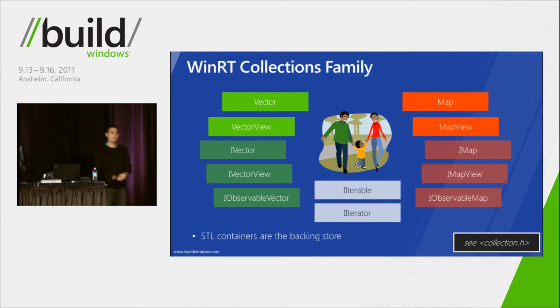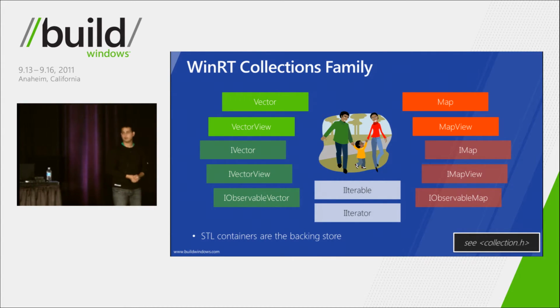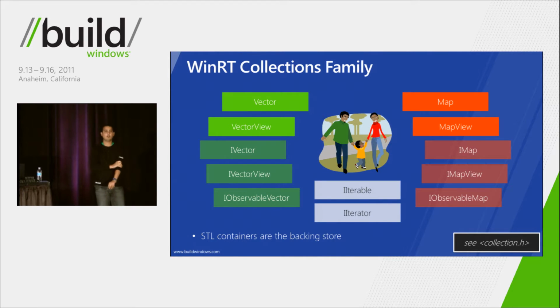So this is what vectors and maps are actually built on top of. The lighter colored ones are what's exposed in WinRT in the shape of interfaces. So it exposes an IVectorView, and what's called an IObservableVector. That's one of the nice features of the platform vector and the platform map, that they have observable behavior, which means you can get a notification when that vector changes.